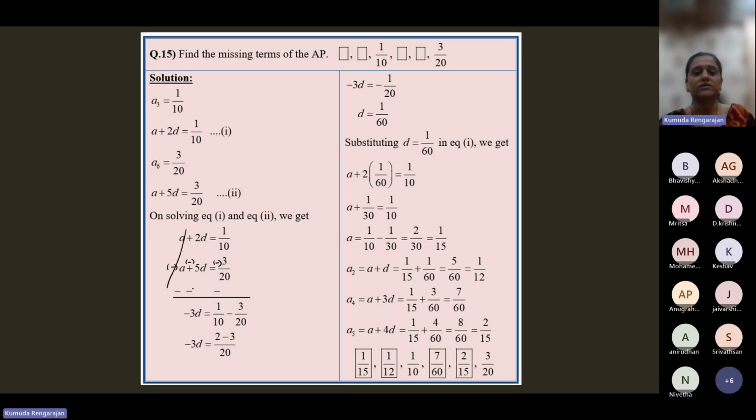So A minus A cancels. 2D minus 5D is minus 3D. 1 by 10 minus 3 by 20. LCM and all that, you get D is equal to 1 by 60. Why 1 by 60? Because when this 3 comes for division, it's 1 by 20. This 3 will come here in the denominator. So 1 by 60.